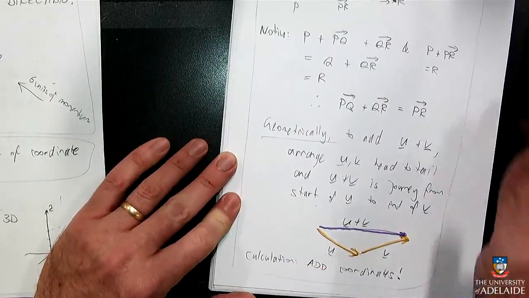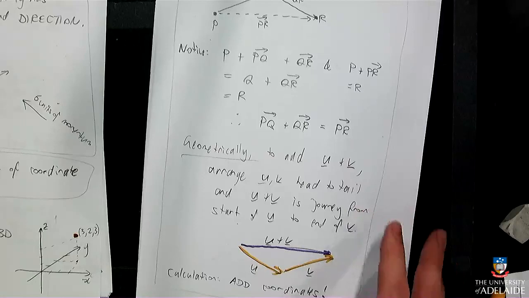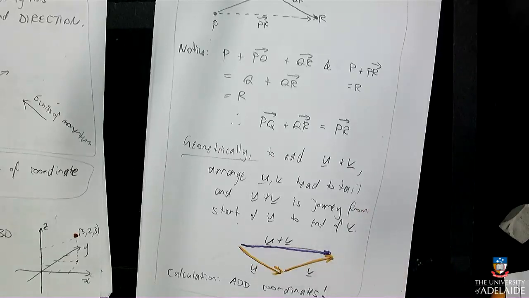So that's how addition works. There you go. And remember, we can move vectors to be wherever we want to put them head to tail, because remember, any journey is the same, as long as it's the same distance in the same direction. It doesn't really matter what points it's between. It'll always produce the same answers.